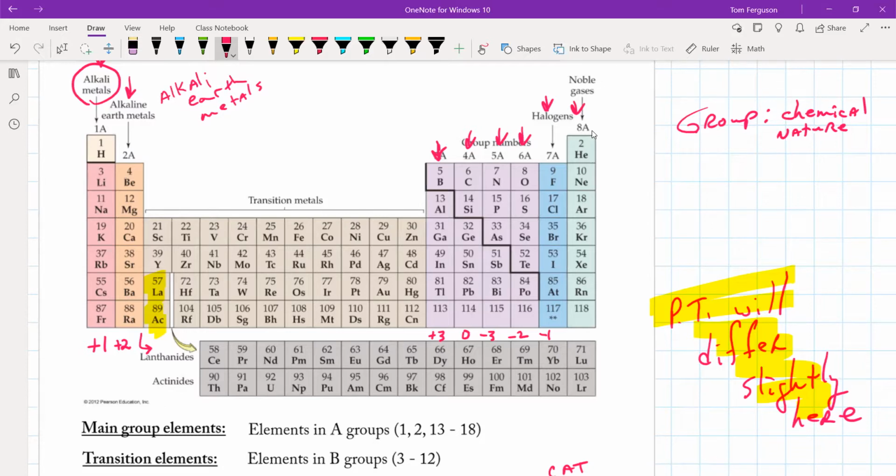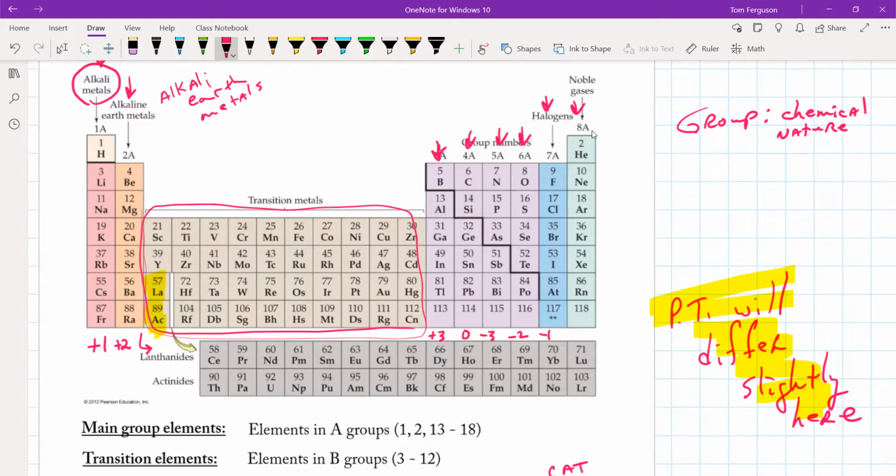Now, I didn't mention any of these transition metals here. They do form cations, though, but they're not one particular cation. And we're going to talk a lot about this later on. Basically, all the metals form cations.